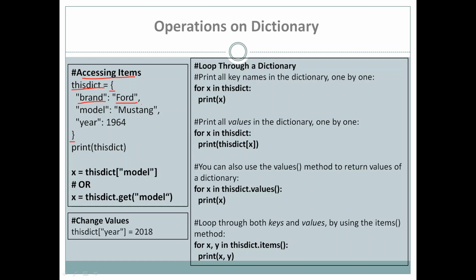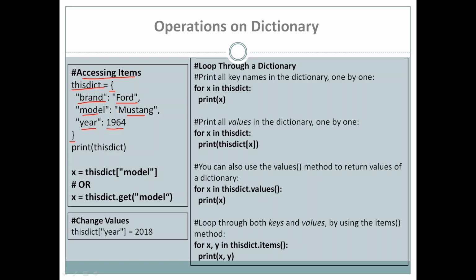Then we have a comma. The second element is model, we have a value for it, and third is year and the value. So this dictionary contains 3 elements: brand, model, year, with values Ford, Mustang, and 1964.